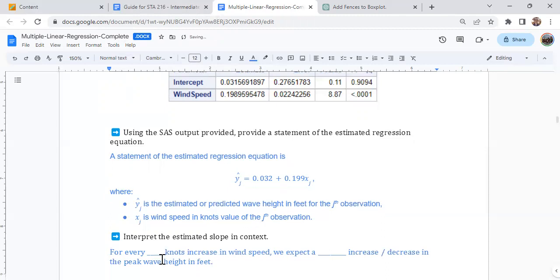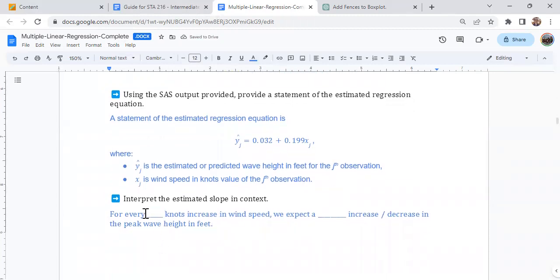What's in the first blank? For every one, right? Yeah. So for every 1 knot increase in wind speed, we expect a, so if you think about x as the wind speed, and as it goes up by 1, y hat will go up by 0.199.